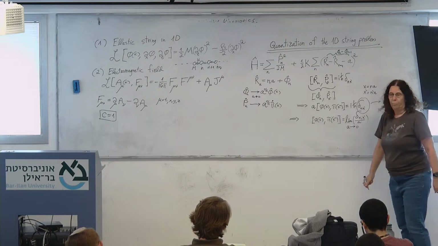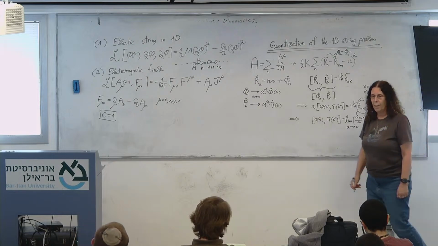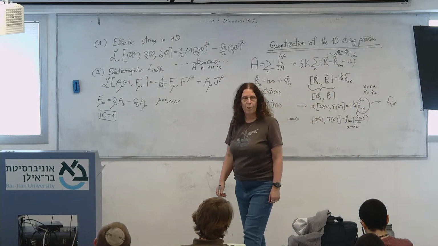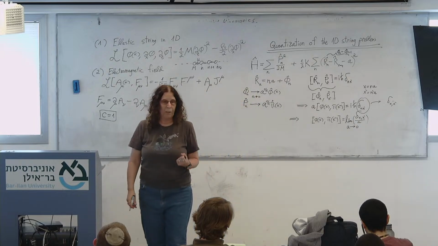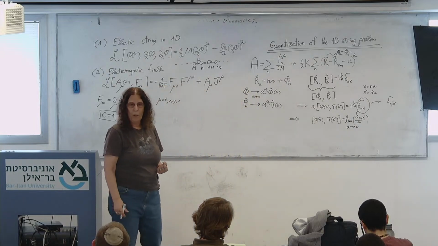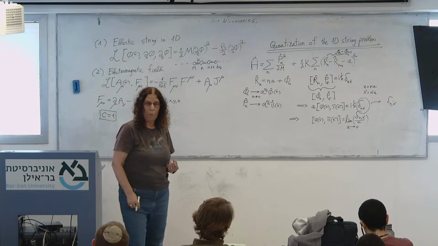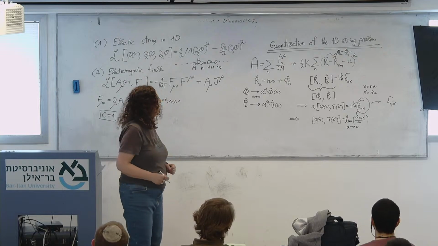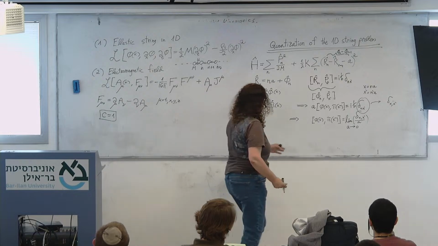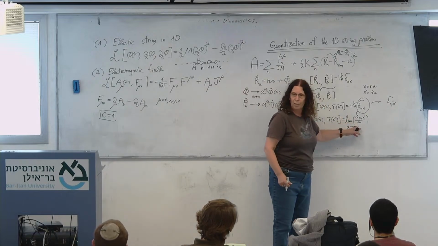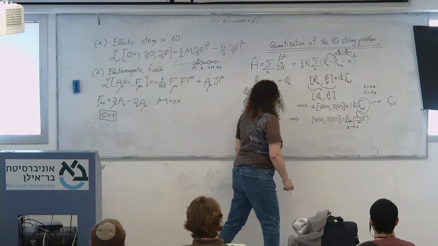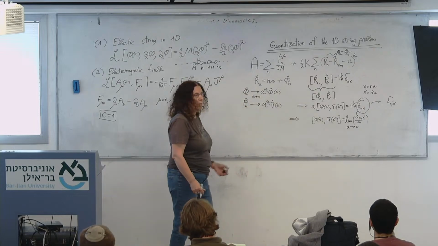Okay? Now the Kronecker delta is dimensionless. Okay? If we divide it by a, what do we get? We get something that first of all has units of density, right? It's 1 over length, and what is this?